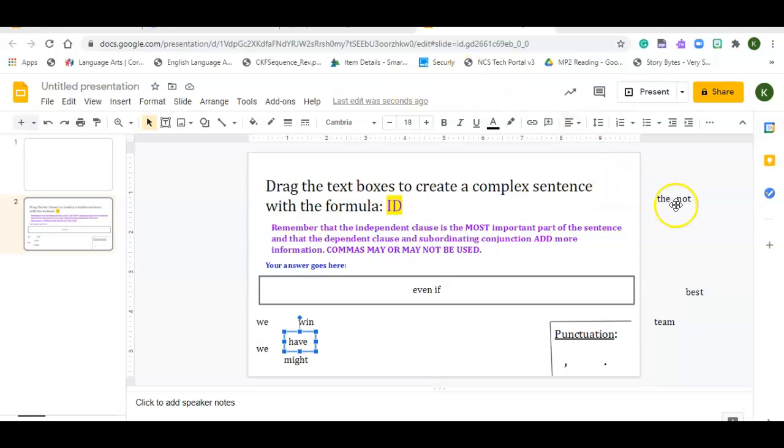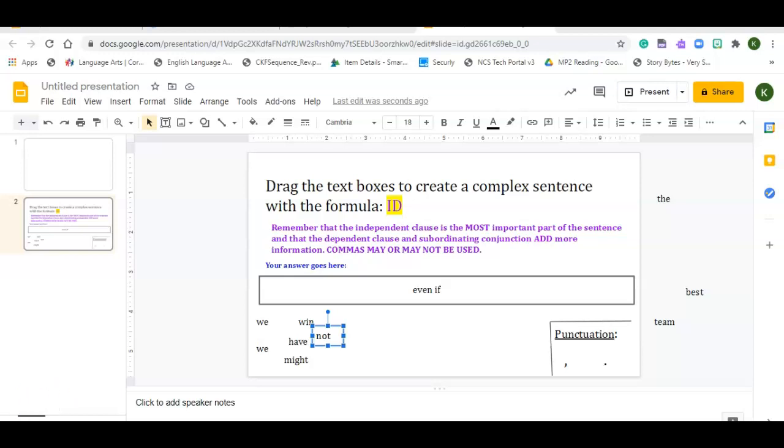So that word not is going to have to go somewhere over here. Sometimes selecting things isn't my best. So it's going to have to go somewhere in with my verb phrasing. The reason I know it has to go somewhere with my verb phrasing is because one thing is going to happen and the other isn't going to happen. And that's what the word not tells me.